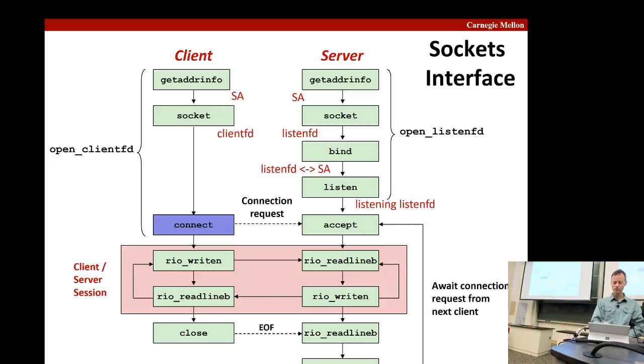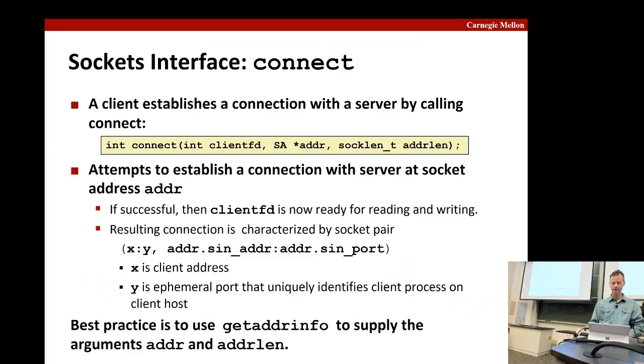That occurs when the client acts and does this connect. Connect is another call. It takes the client file descriptor and the server side address. I'm trying to connect to this server. It attempts to establish a connection with that server, and if it's successful, you don't get an error flag, then you know you're good to go.